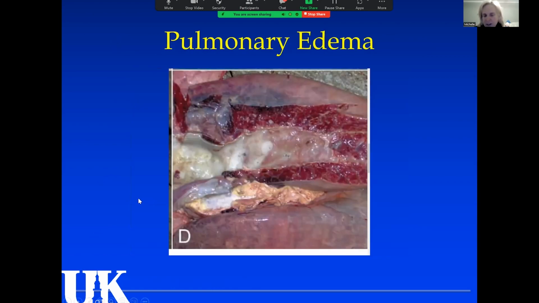A lot of these viruses cause what they call a vasculitis. So it causes the blood vessels to kind of leak. And that's where you get this pulmonary edema. So you get lots of fluid that gets into the lungs. It's not really a pneumonia with bacteria like we traditionally think, but this is just more fluid buildup in the lungs, which makes it very difficult to breathe.